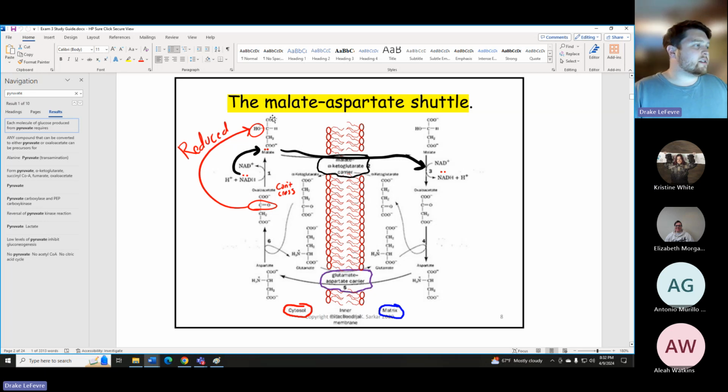The way that we get malate is that we take the hydrogen and those beautiful electrons away from the NADH. We put them onto an oxaloacetate, and it turns into malate.